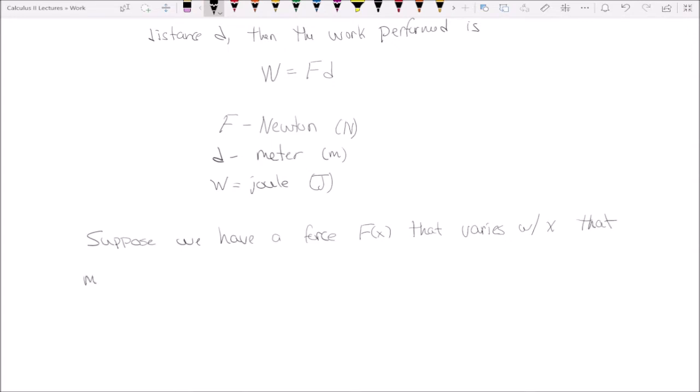And this force moves an object in a positive direction along the x-axis. And it moves from the point x equals a to the point x equals b.